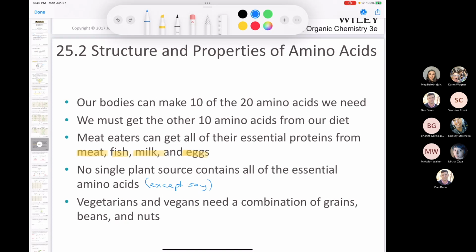For example, if you've ever heard of the dish succotash, it's a mixture of beans and rice. Rice is deficient in 2 amino acids, and beans is deficient in 2 amino acids. But when you put them together into a delicious dish, you end up with a homemade source of complete protein. So there you go. Something kind of interesting there.